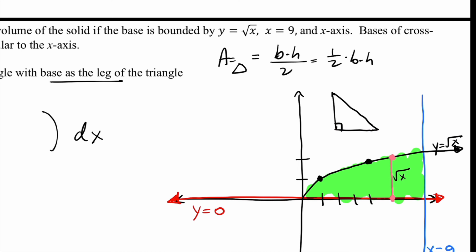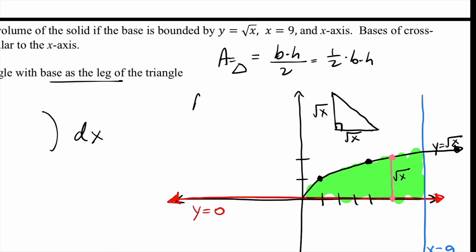We already know that side. It's the square root of x. So we know one of them. Let's call that the base. How do I find the other one? How do I find the height? Since it's an isosceles triangle, it's exactly the same.